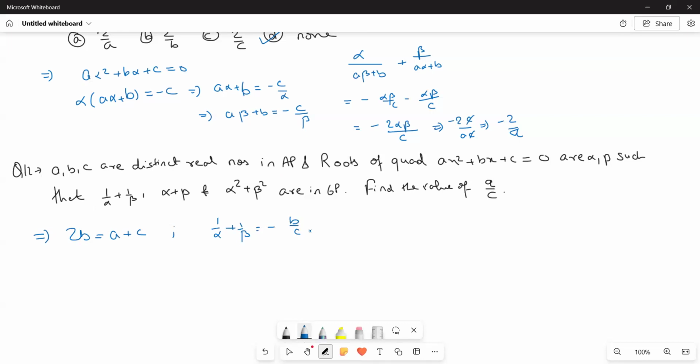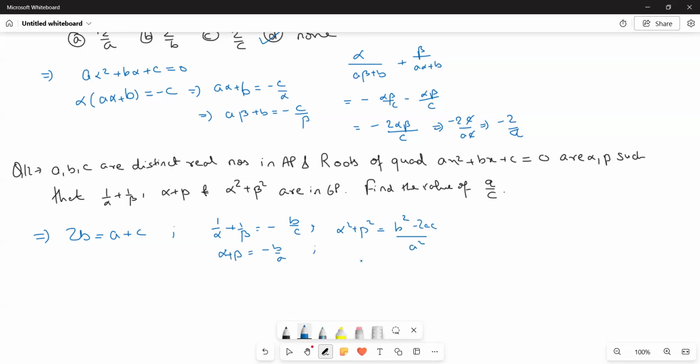Minus of B by C. And alpha plus beta is minus B by A. And alpha square plus beta square is B square minus 2AC by A square.